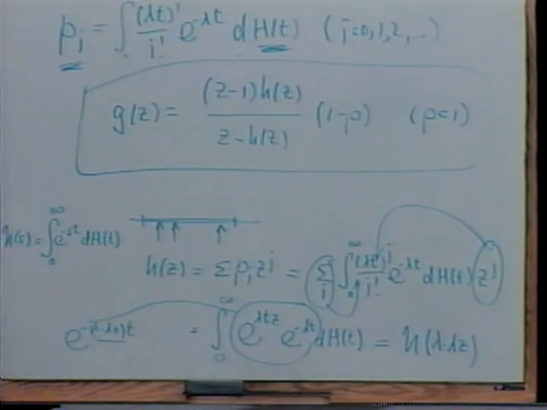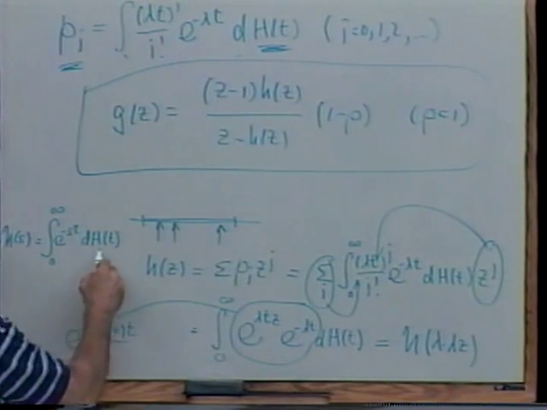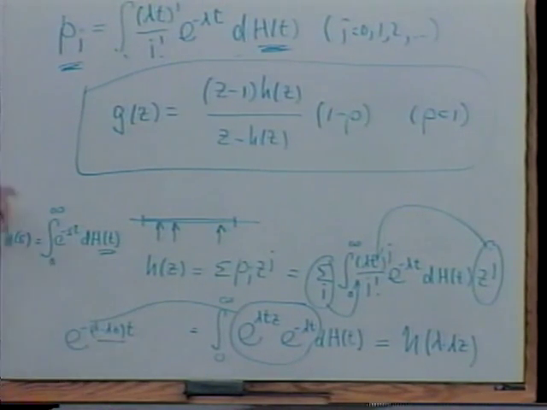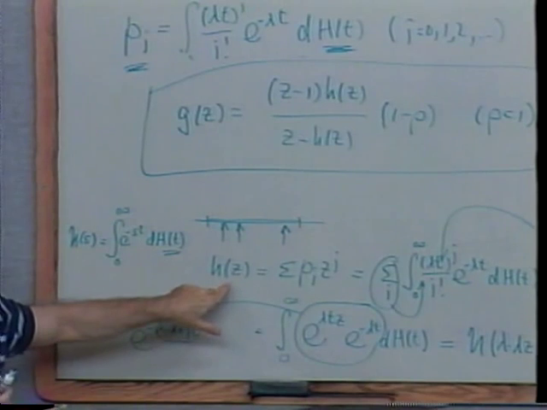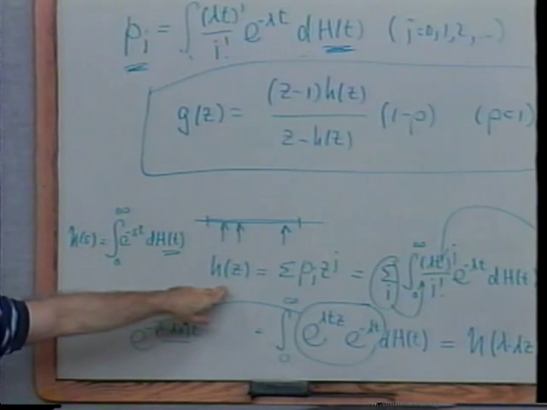Okay, so now this says, you tell me the distribution function of service times, h, so I can calculate the transform of that distribution. That's easy, ordinarily. At least it's certainly easy in principle. And that transform is directly related to this generating function of the number of arrivals that occur during a service time.